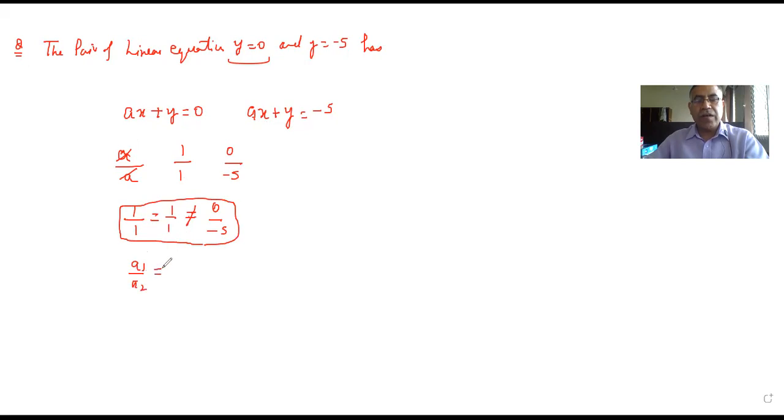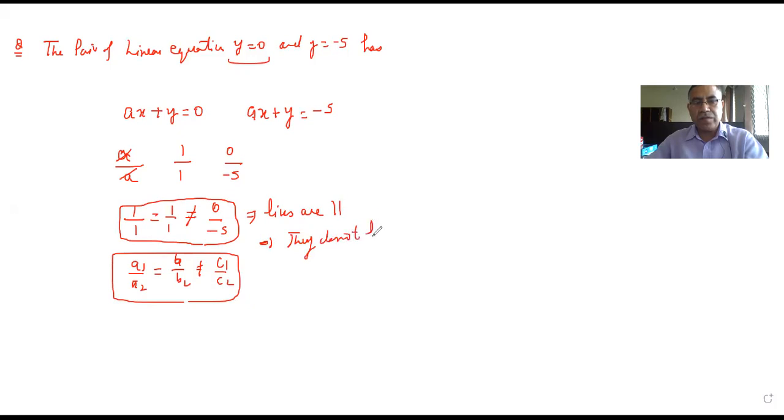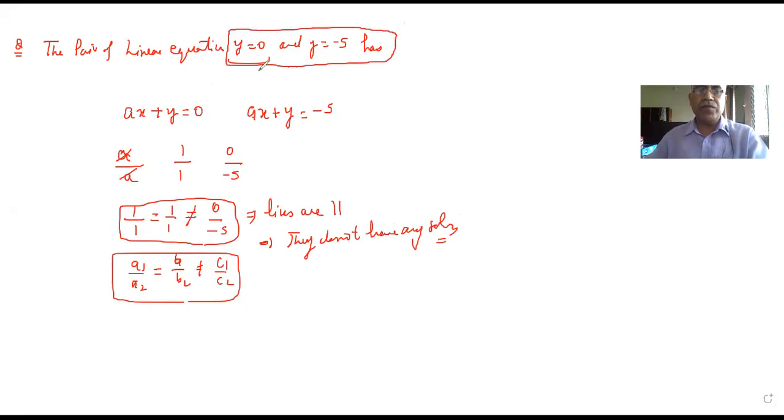Parallel lines, no solution. a1 over a2 is equal to b1 over b2 is not equal to c1 over c2, which implies lines are parallel, which implies they don't have any solution. So if the question comes like this, if it has not written the equations in standard form, you have to first write it in the standard form like this. Then you have to compare the results. I hope this is clear.